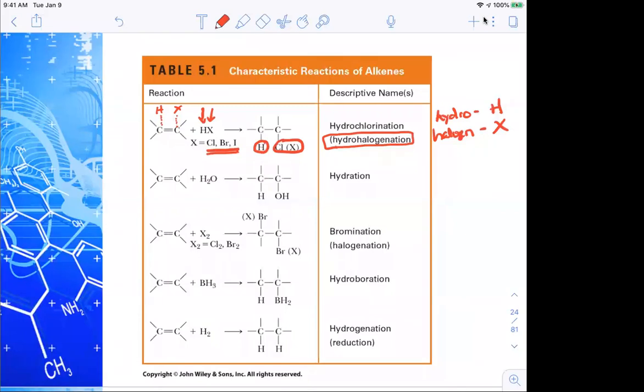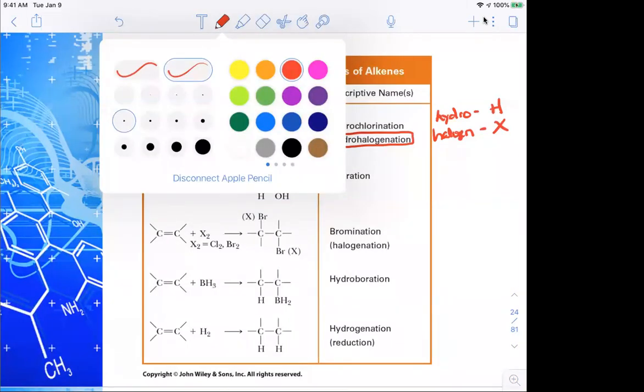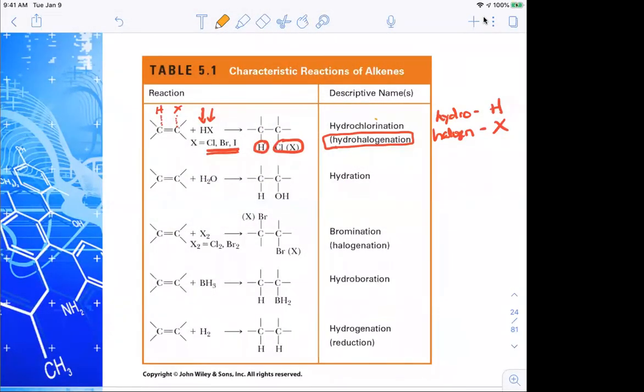Now notice that this is called chlorination if the X is chlorine. That would also be hydrobromination or hydroiodination if I change the X to another halogen.